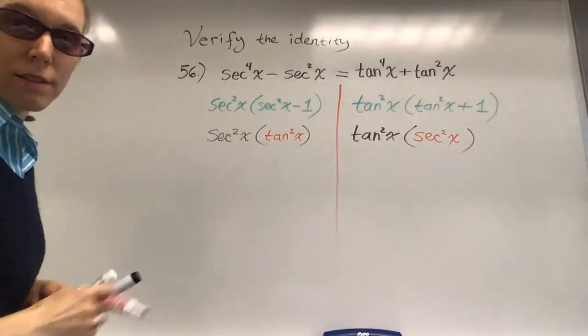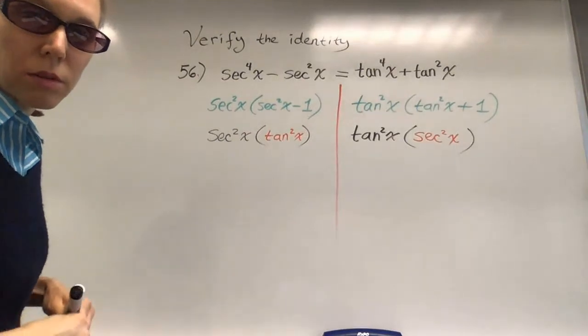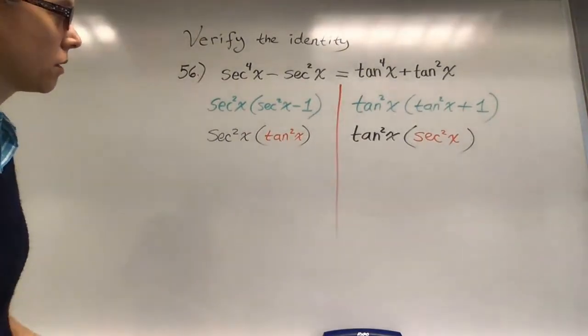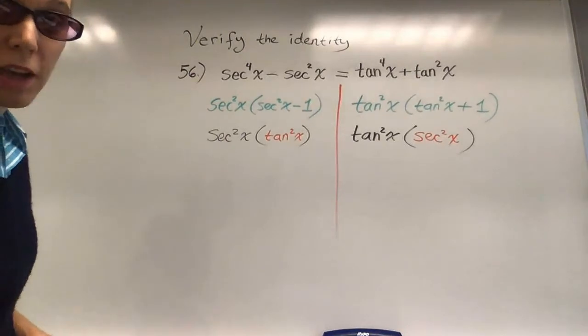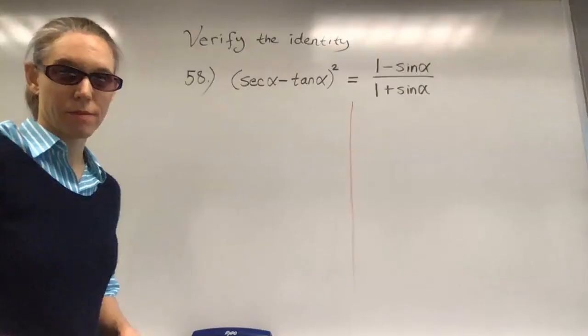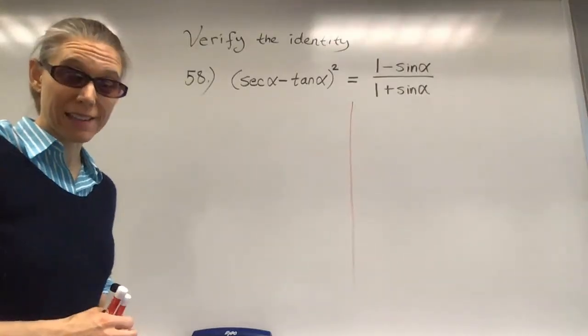And now the right-hand side and the left-hand side are equal because of the commutative property of multiplication. And you're done.